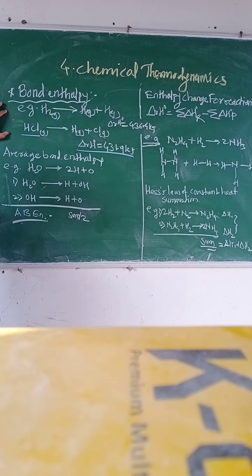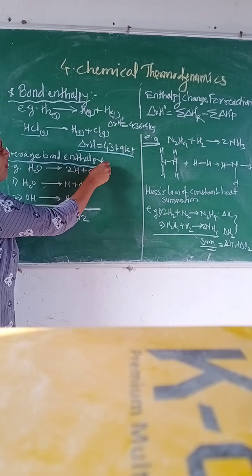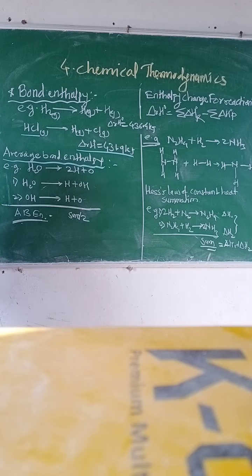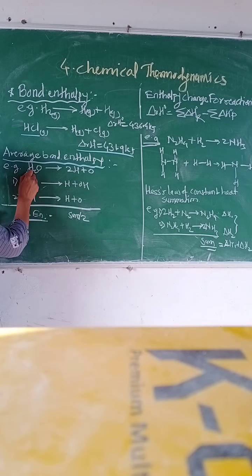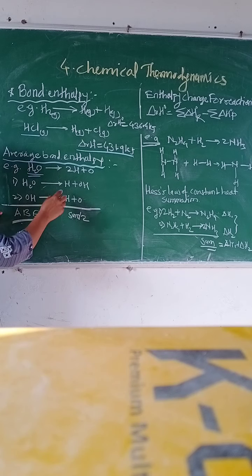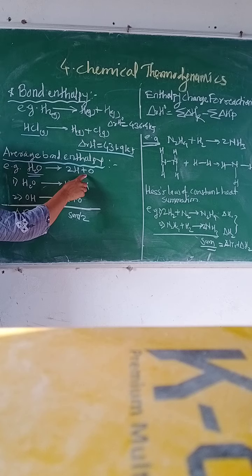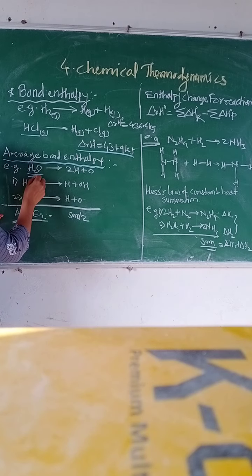For a polyatomic molecule with more than one bond, we have to calculate the average bond enthalpy. See the example of H2O, which forms two hydrogen plus oxygen in the atomic state.